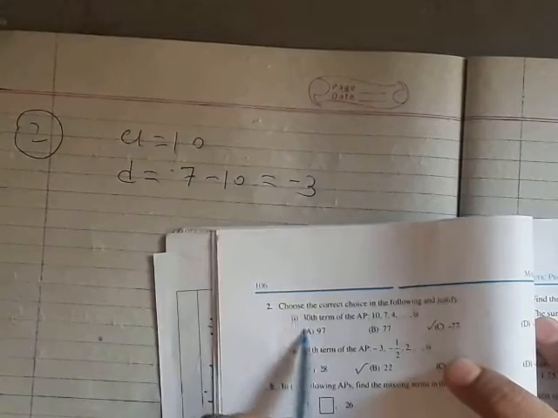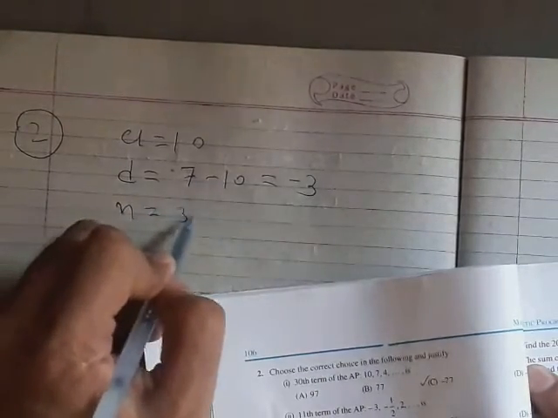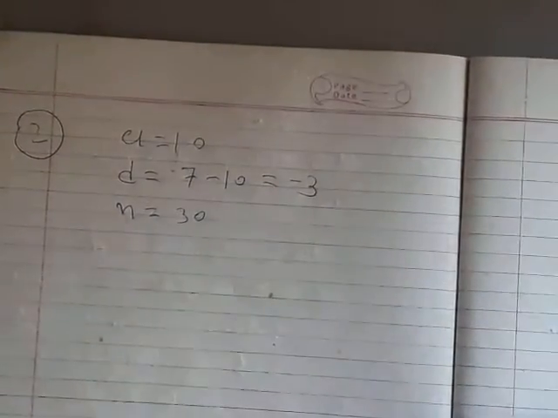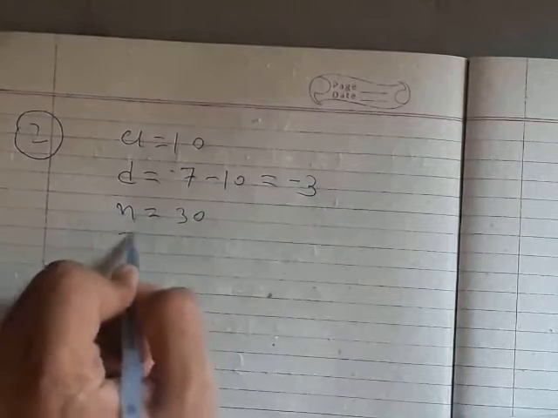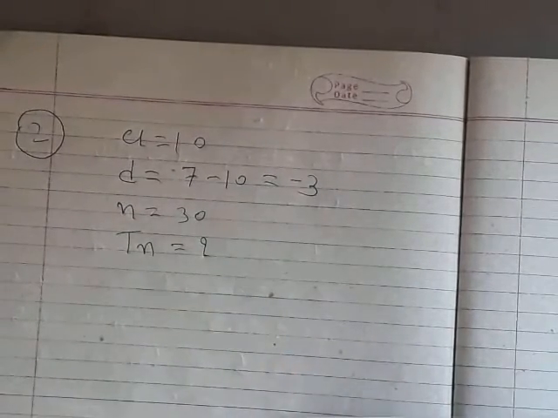Now the 30th term means n equals 30. The 30th term is what? The value of this 30th term, it means Tn, we have to find.